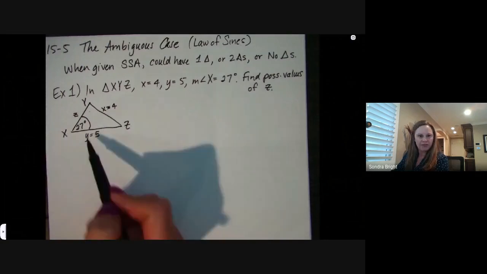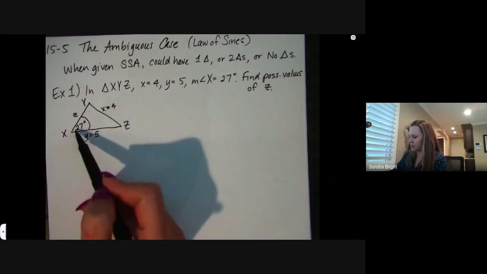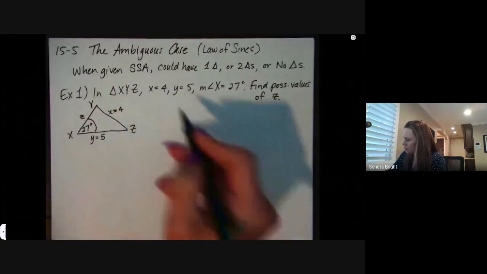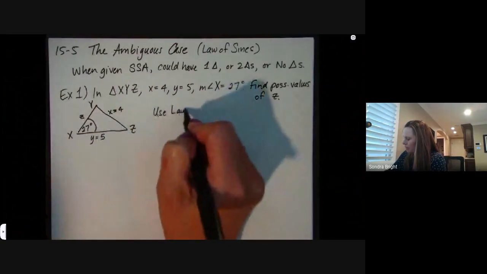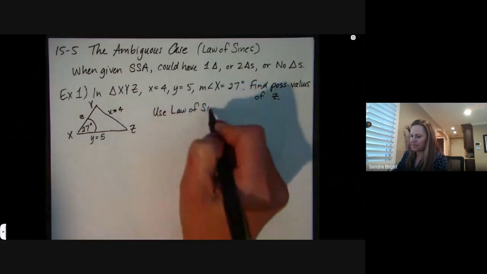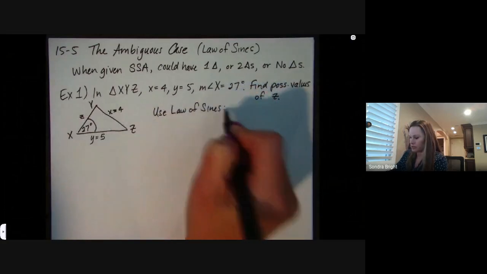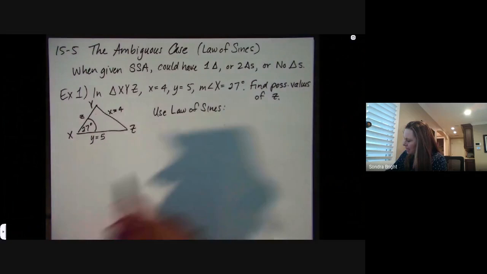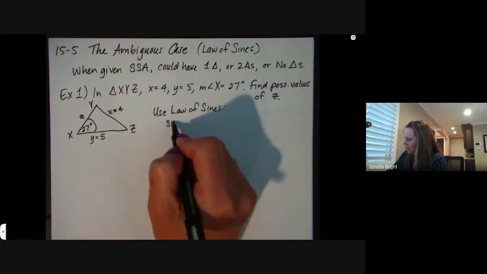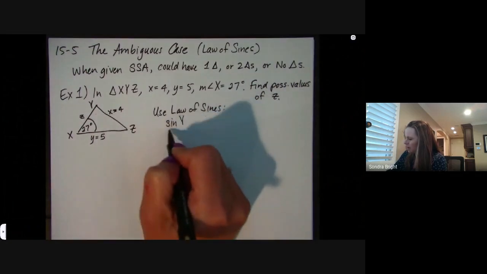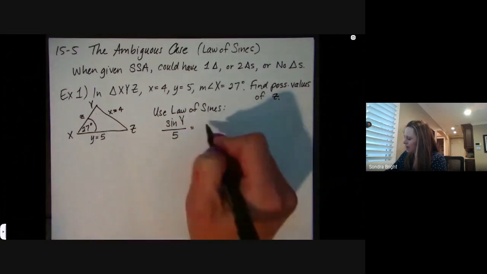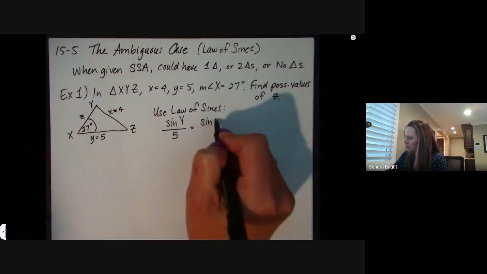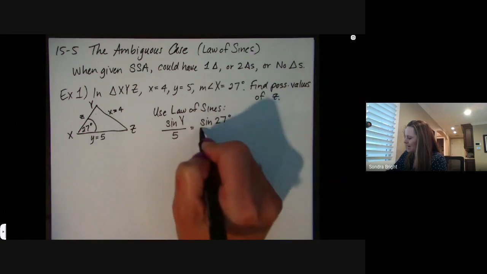I'm going to use law of sines to find angle Y first. So that would be sine of angle Y over side y, so over 5, is equal to sine of angle X, which they gave me as 27 degrees, divided by side x, which is 4.